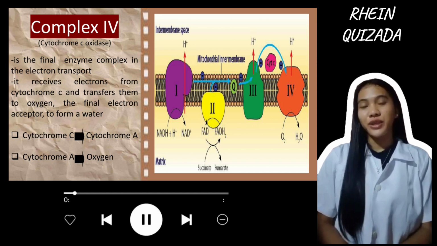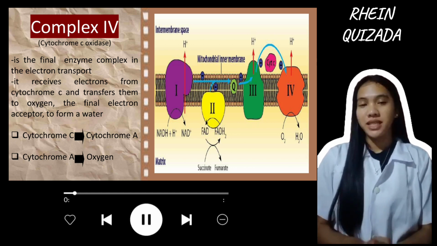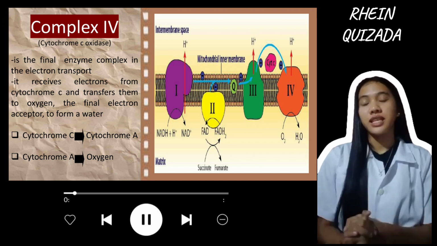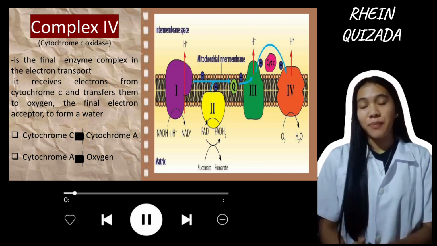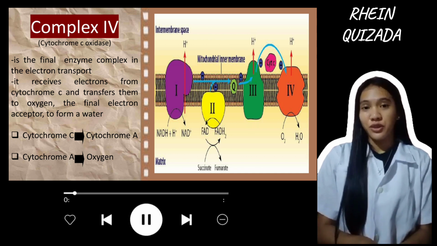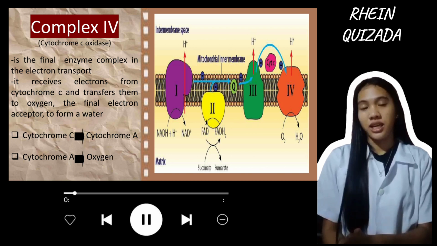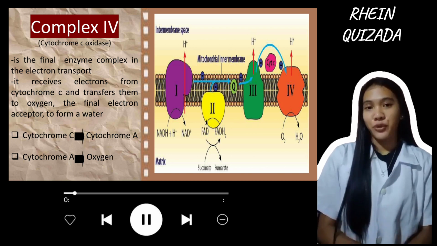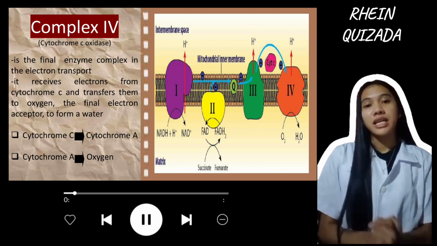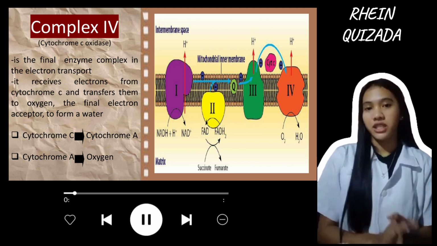For the next slide, we have complex 4, or the cytochrome C oxidase. It is the final enzyme complex in the electron transport chain. It receives electrons from cytochrome C and transfers them to oxygen, the final electron acceptor, to form water. Cytochrome C to cytochrome A and cytochrome A to oxygen.